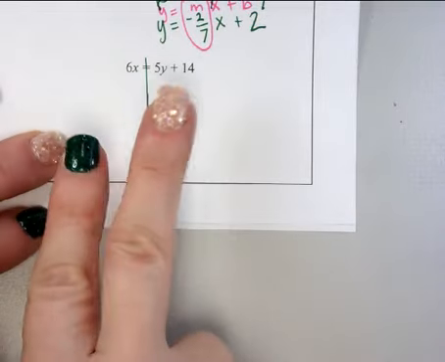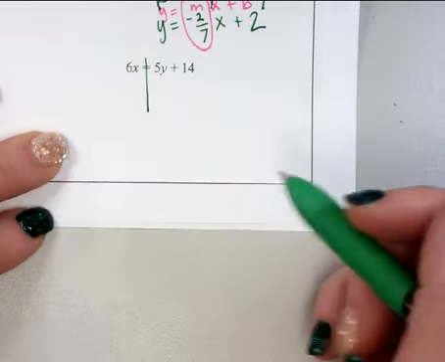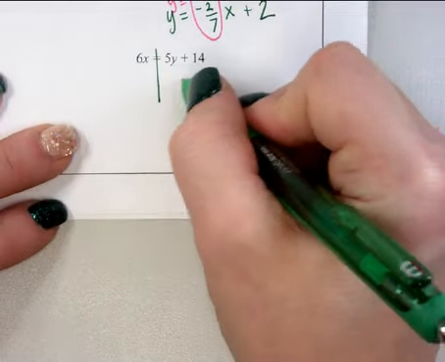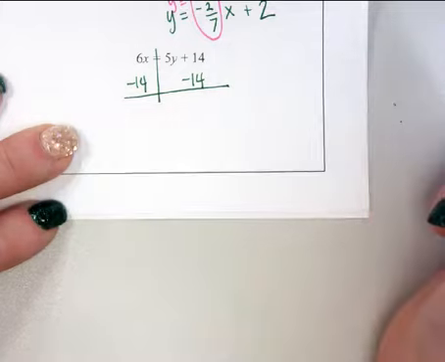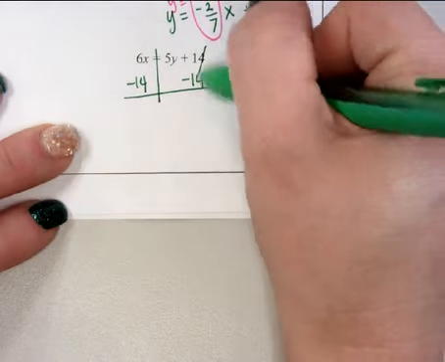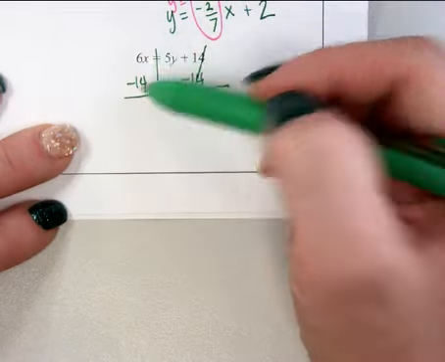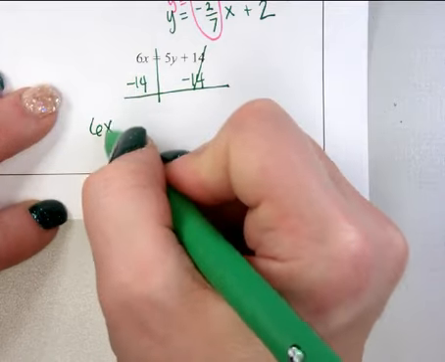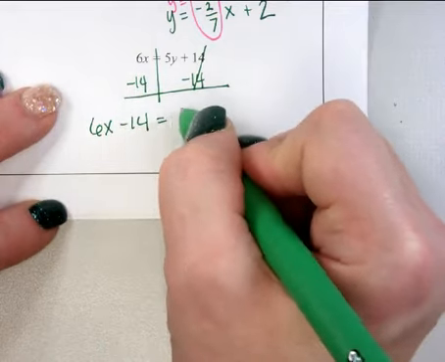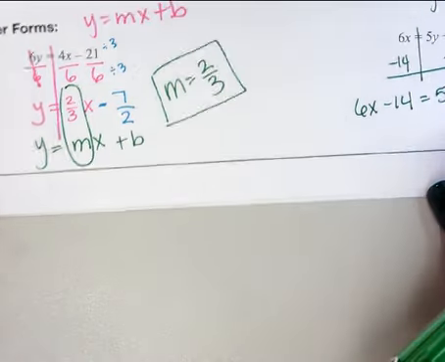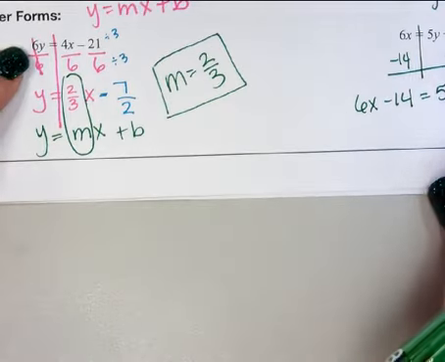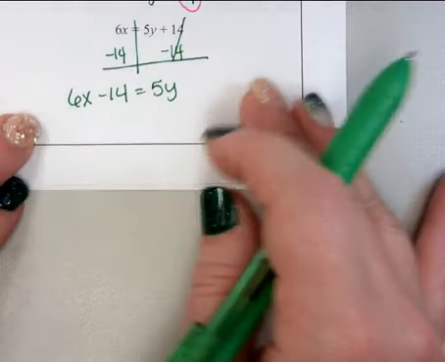Okay, it'll be all right. So this says positive 14. I'm going to subtract 14, because I'm trying to get it away from the y. Remember, these are not like terms, so I have 6x minus 14 equals 5y. Now, if we think about this one, when we had a number in front of y, we divided by that. So we're going to do the same thing here.